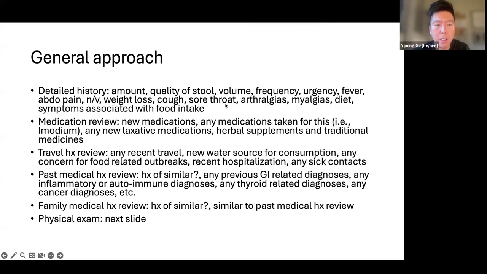Similar to that recent hospitalization, I also think of recent antibiotics as well. I should have put that in the previous bullet point. Past medical history review. So have they had the symptom before, to this similar degree?